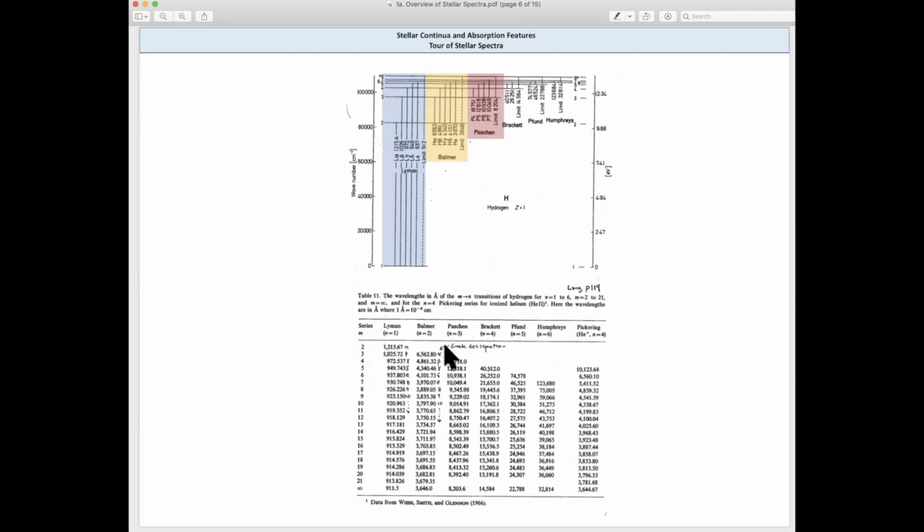And that's written here in this chart. That's Lyman alpha, Lyman series, starting at n equals 1 and going to n equals 2, if you're following my arrow. And that's 1215.67. So that's how you read the chart. This is the series of lines that come from the ground state up, and this is the other end for the upper state.